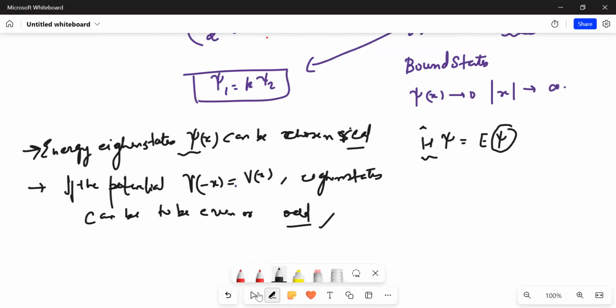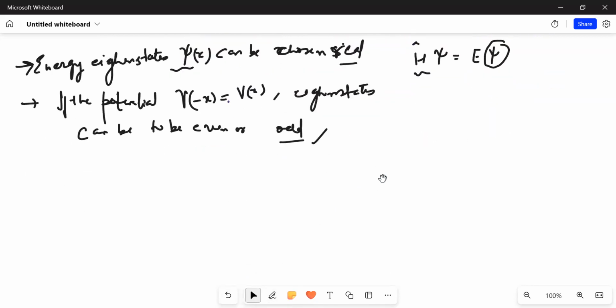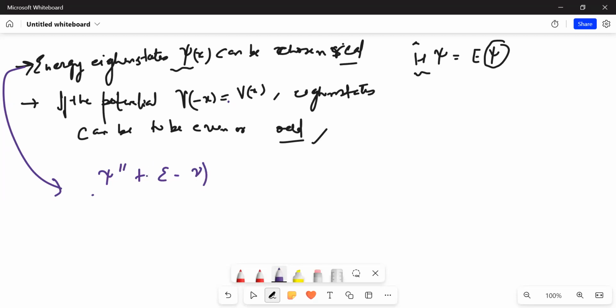First, the energy eigenstates psi x can be chosen real. How? See here, from this first result, psi double dash plus epsilon nu psi is equal to 0. Now understand, whether I take the conjugate and then take the double derivative, or I take the double derivative and then take the conjugate, these are equal things.